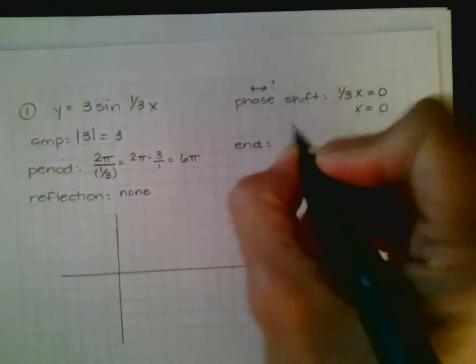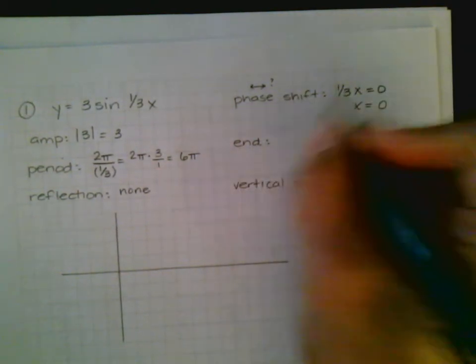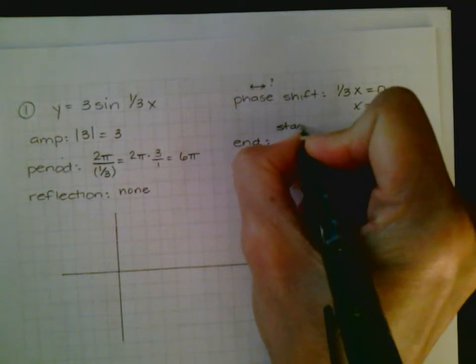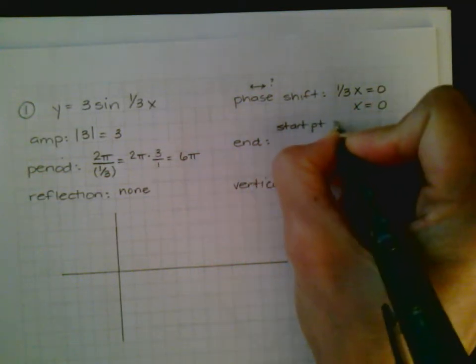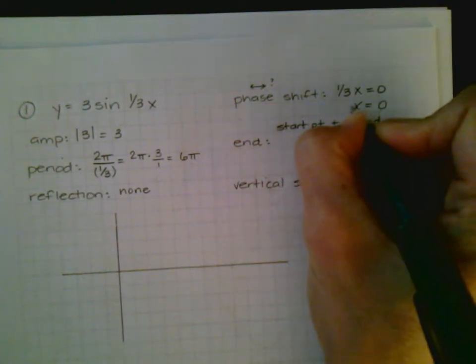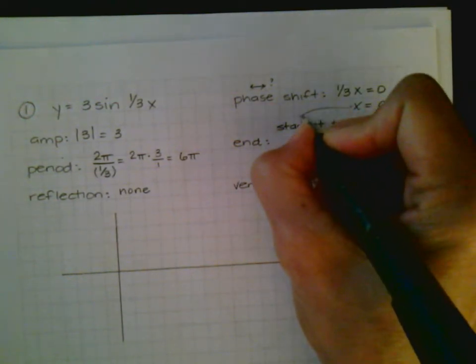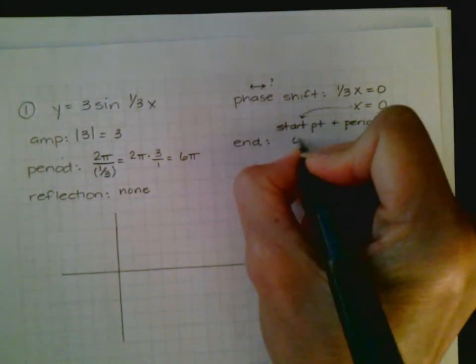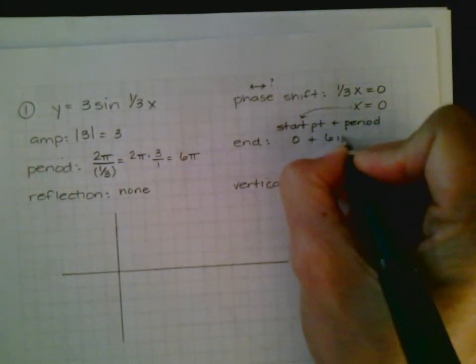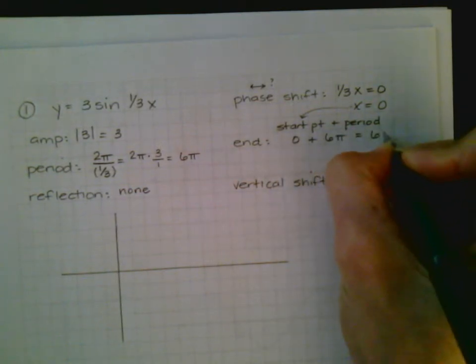So for the end, I'm going to make a note here for you guys. I need you to take your start point plus whatever your period length is. That's what you're always going to do. And your start point comes from right here, okay? So my start point here is 0 in this case. My period length comes from over here, 6 pi. So my ending point is going to be at 6 pi.